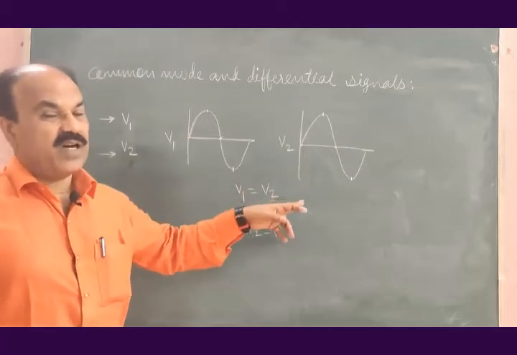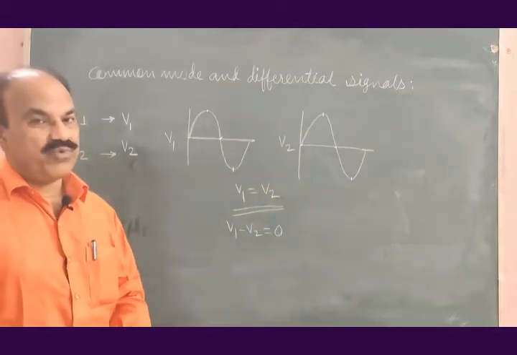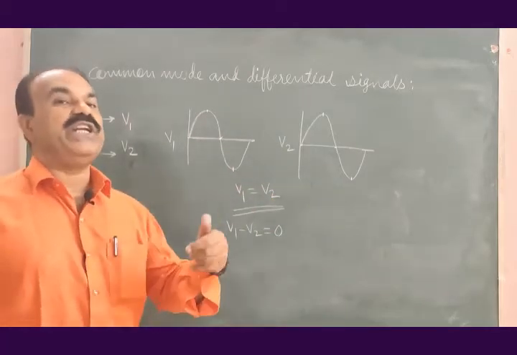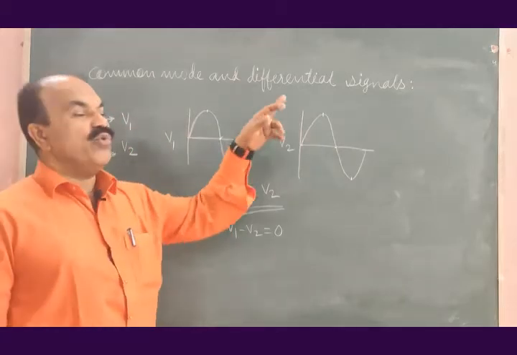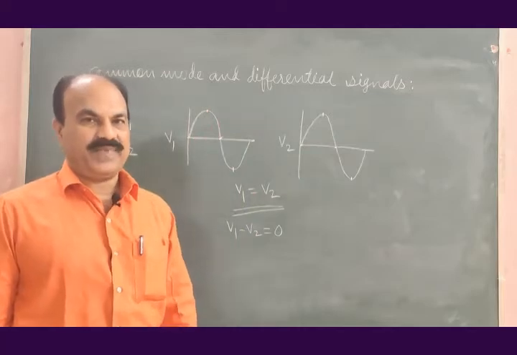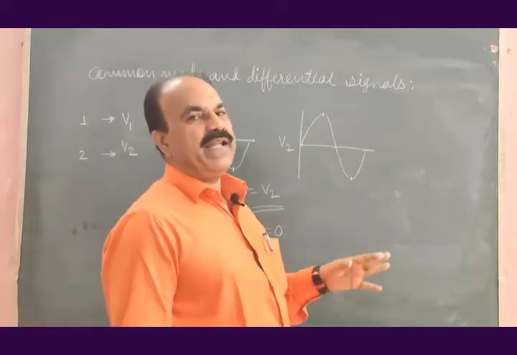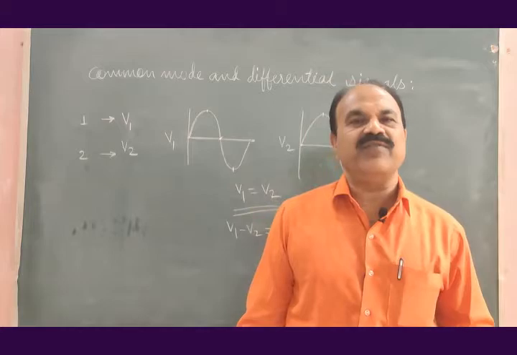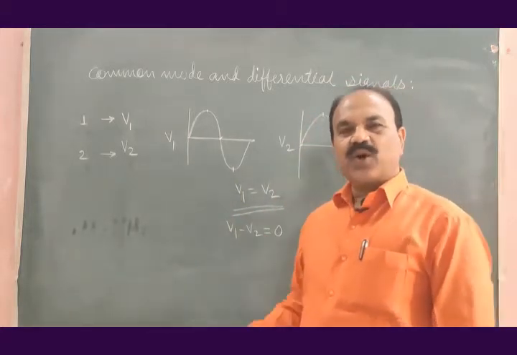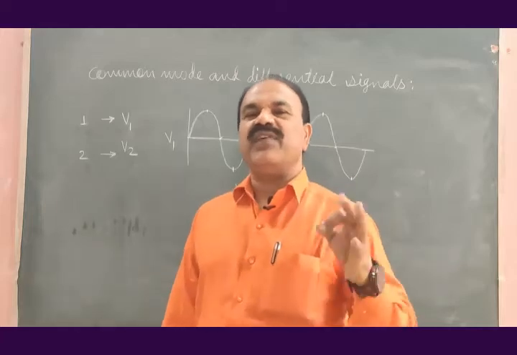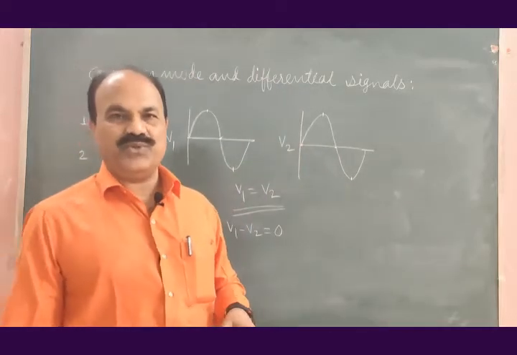Such a method of application of input voltage to the differential amplifier is known as common mode signal. Whenever we apply input to the differential amplifier in this way, its output will always be 0.